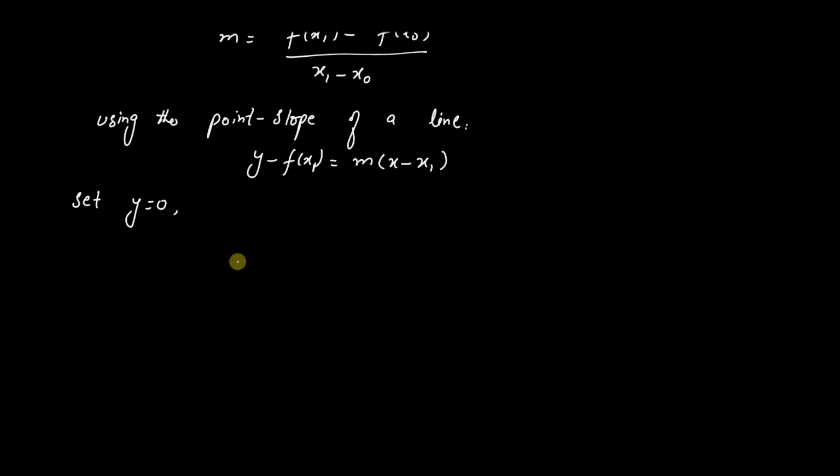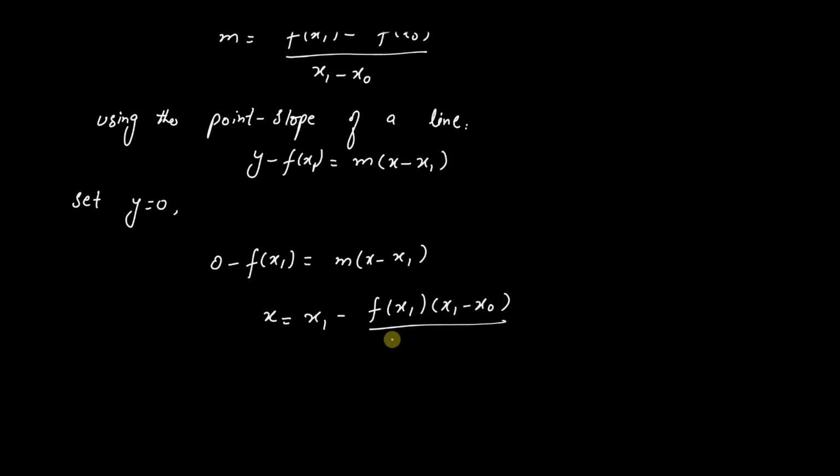So we get 0 minus f of x1 is equal to m times x minus x1, and when we simplify it, we get x is equal to x1 minus f of x1 times x1 minus x naught, over f of x1 minus f of x naught.